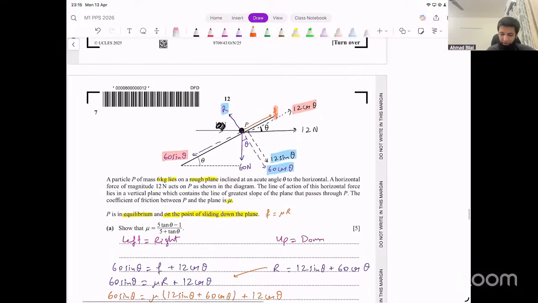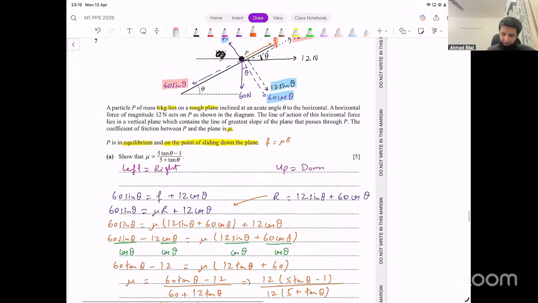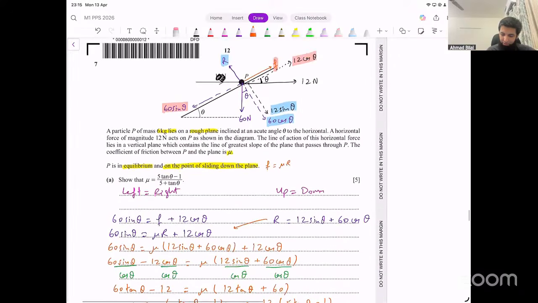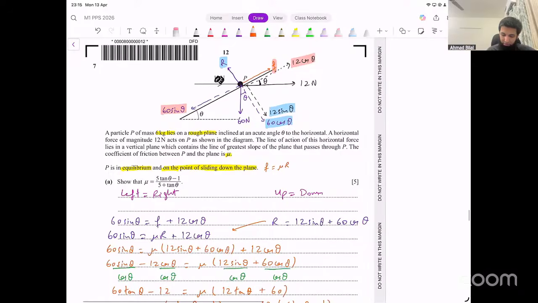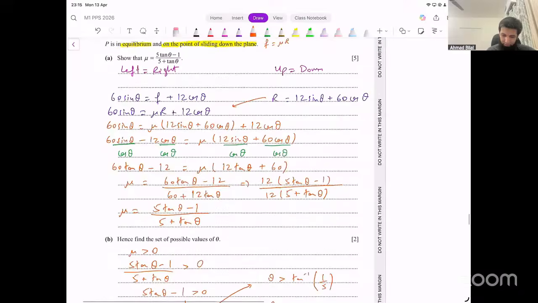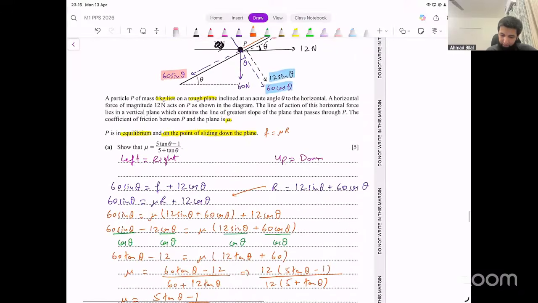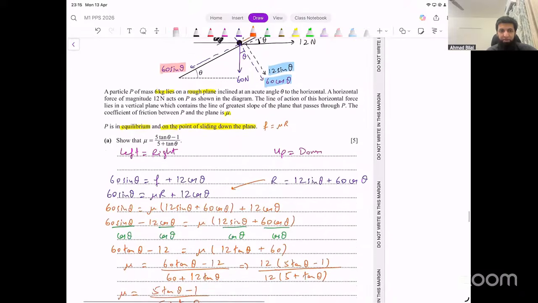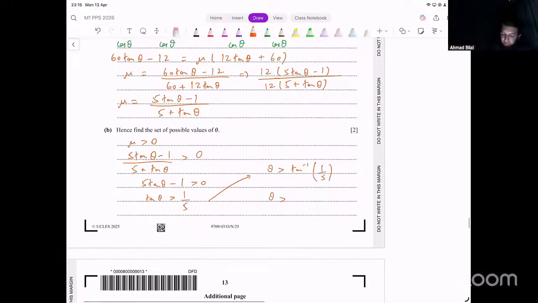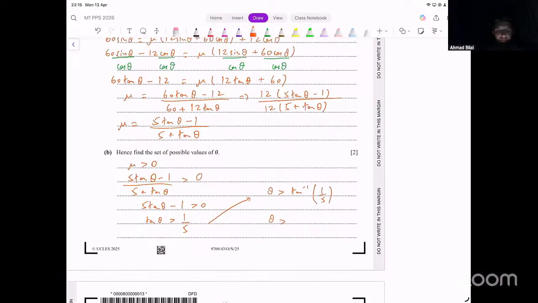Did they say degrees, or radians? They just said theta and did not mention if it's degrees or radians. You can see what this value turns out to be.